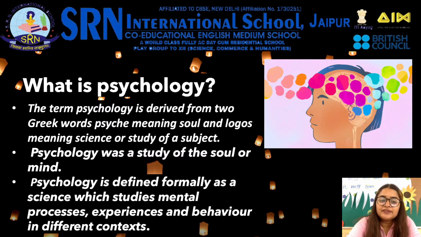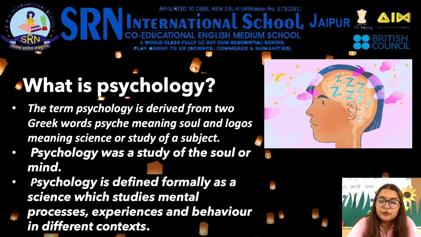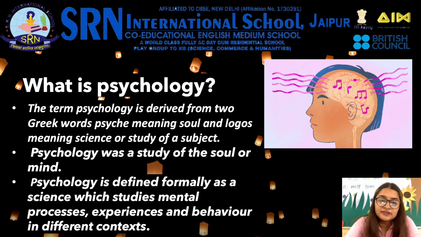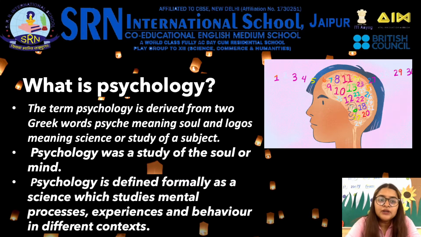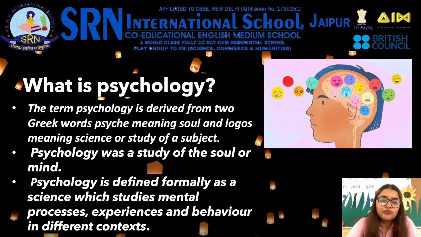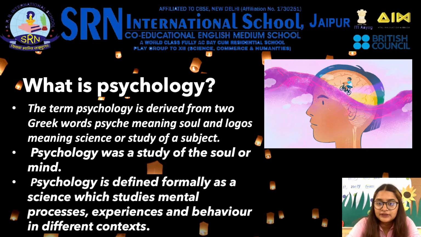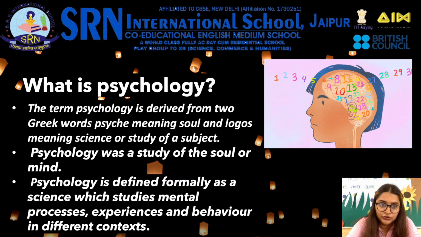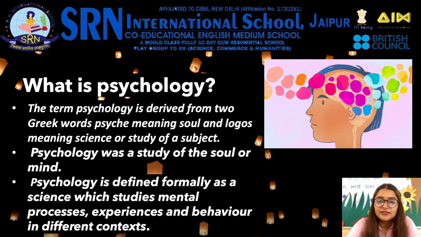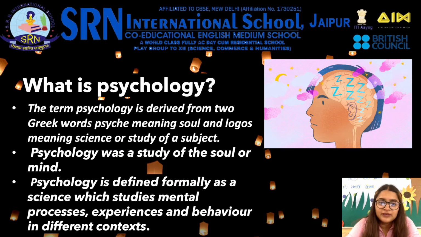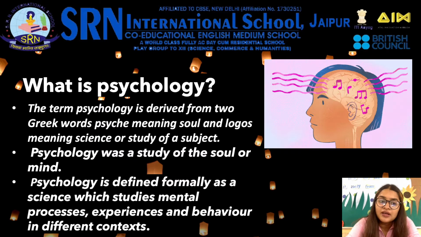Alright, so here you can see that the question we have raised is what is psychology? So earlier, psychology is derived from two Greek words in particular. Psyche means soul and logos meaning science or study of a subject.